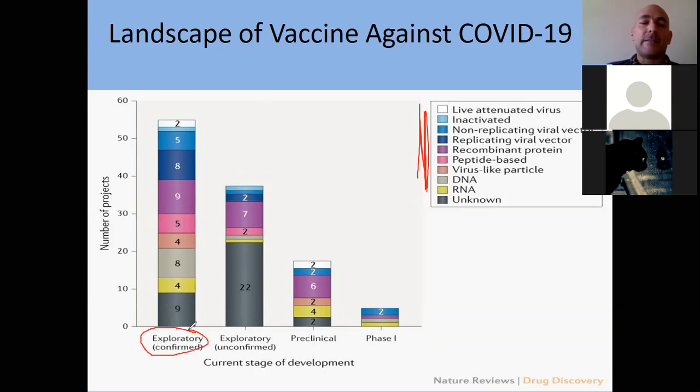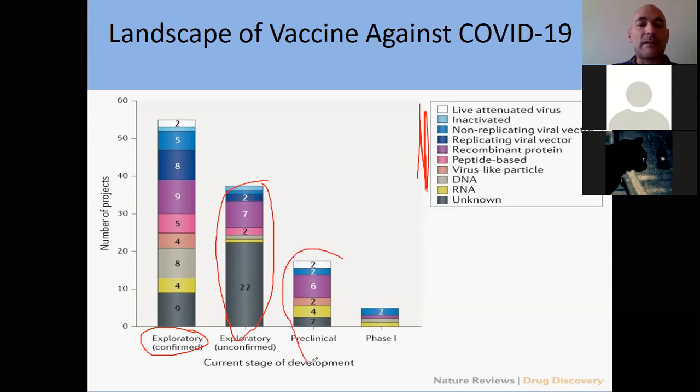That means that there are studies that reported using these kinds of viruses for coronavirus, but they are still early stage, but they have been confirmed. And then you have a group that actually is not confirmed, the data is probably not available yet, okay?